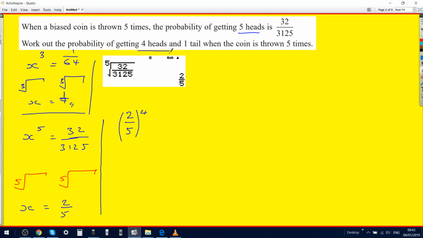So that's 4 heads. Well, what's the probability of getting a tails? Yeah. And so what do you do there?